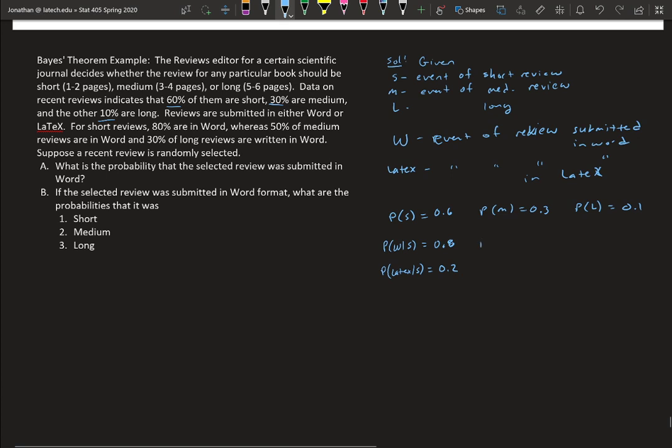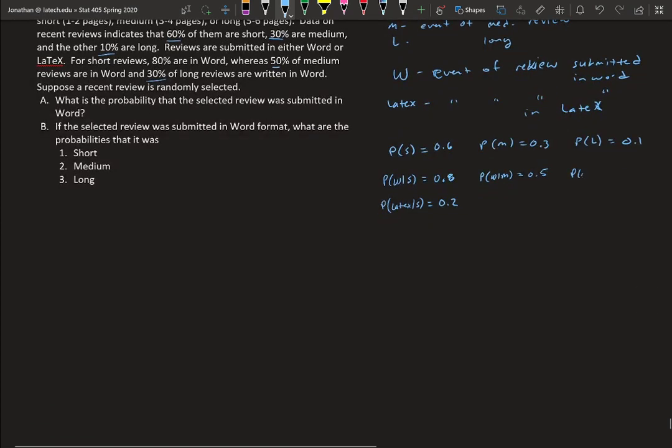Now, what's the probability of Word given medium? Probability of Word given medium is 0.5. So it's like the one right here, 0.5. And then probability of Word given long is 0.3.